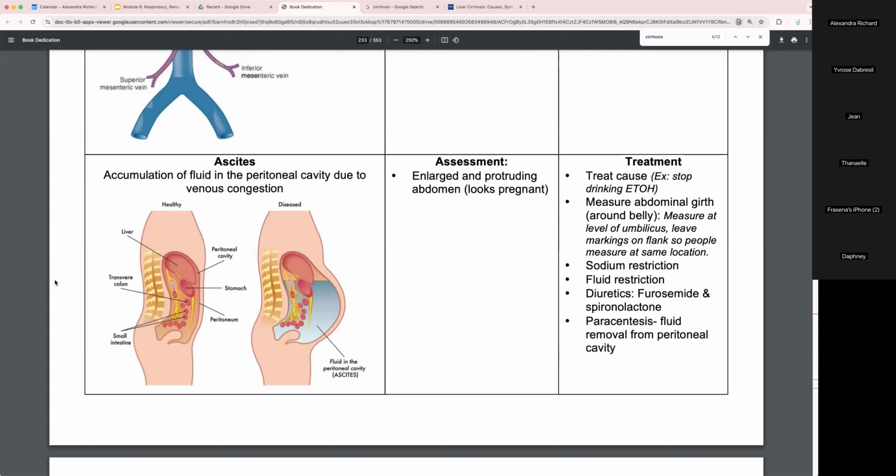Now, the issue is, write this down, your liver makes an invaluable amount of proteins for your body. Write this down, one of the proteins that your liver makes is called albumin. And I want you to think of albumin as Officer Al.